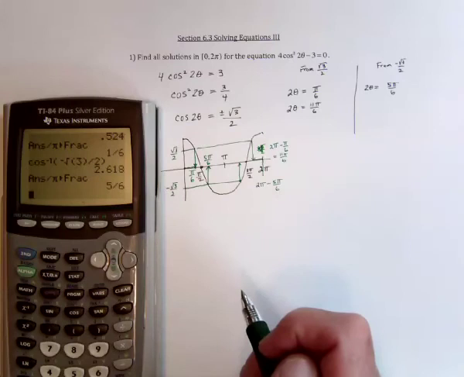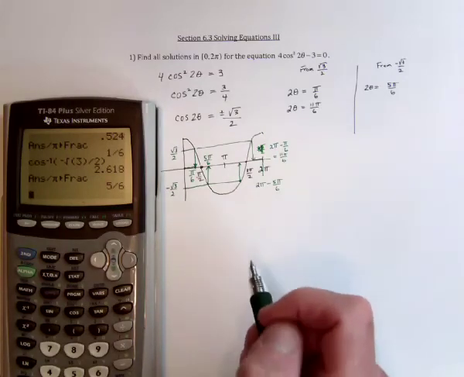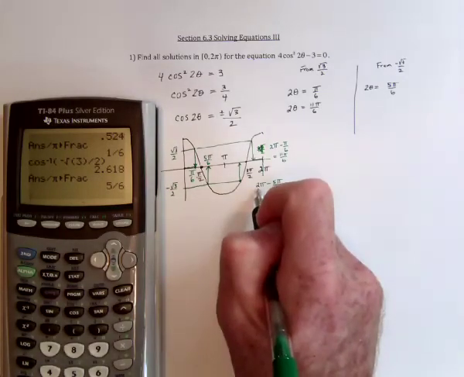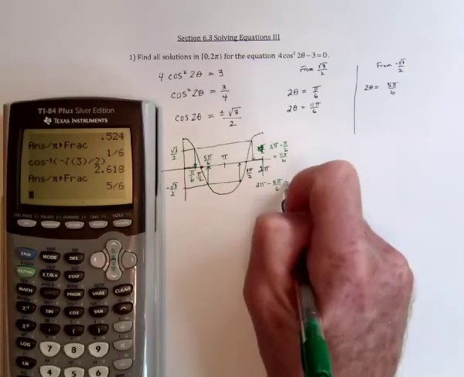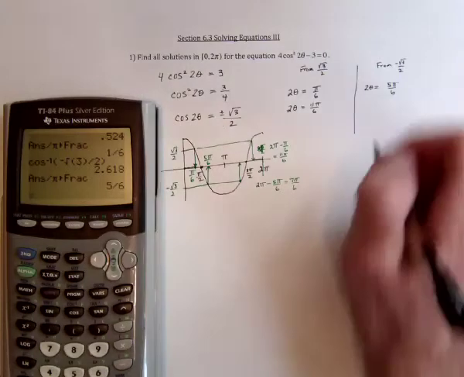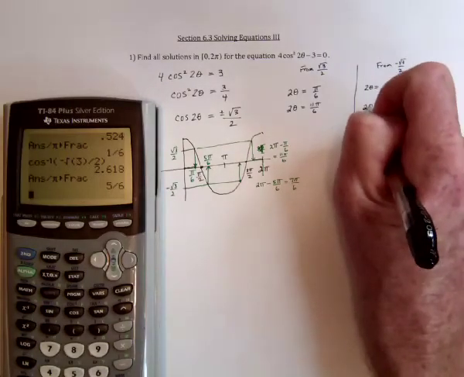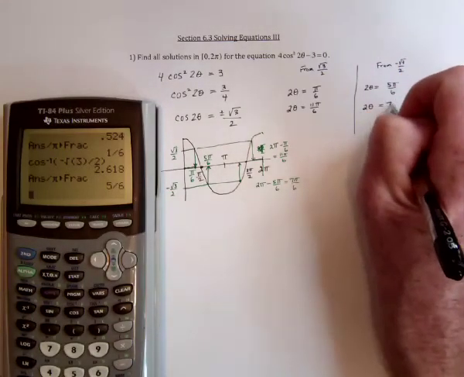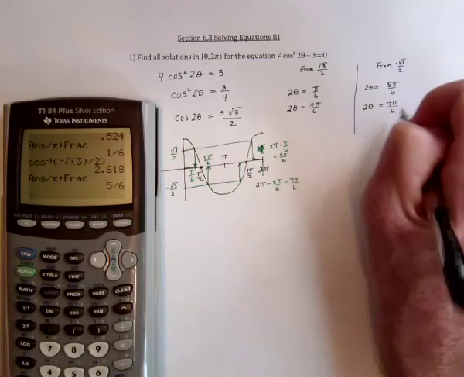So subtract 5 pi over 6. This is going to be 12 of them minus 5 of them equals 7 pi over 6. So over here, 2 theta equals 7 pi over 6.